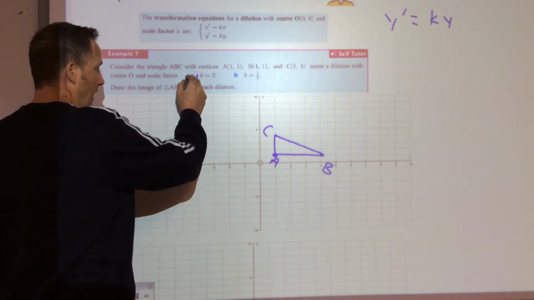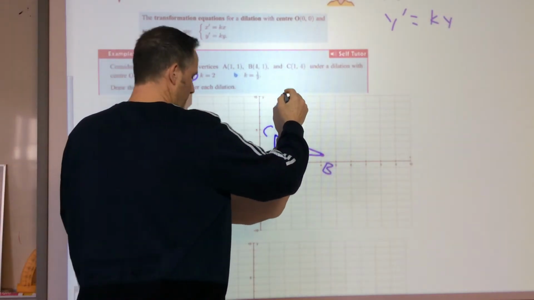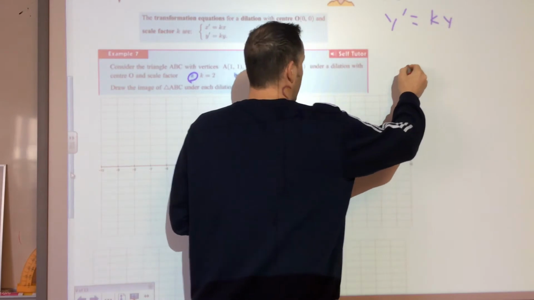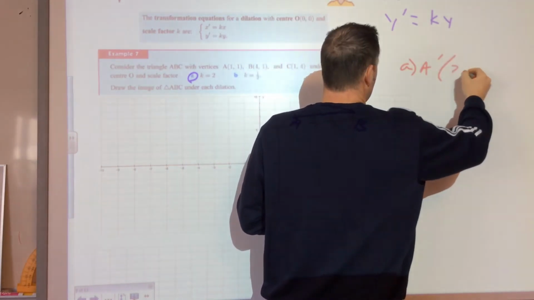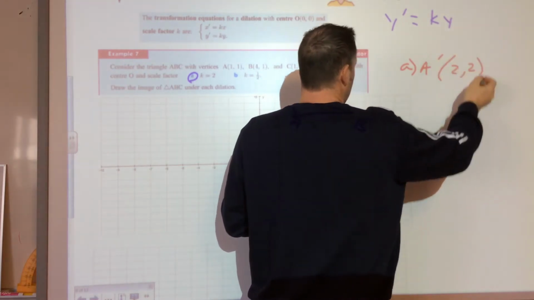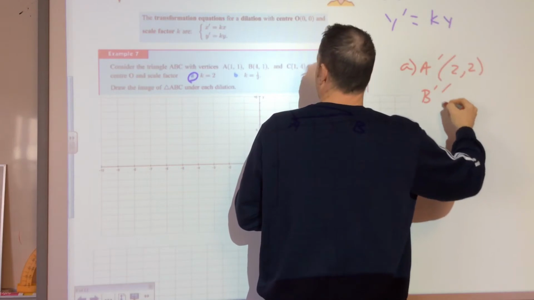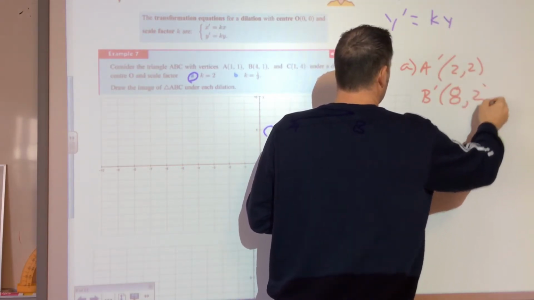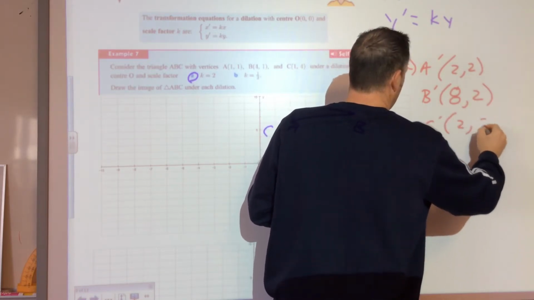Now we're going to do part A. So we're going to double those values. So now A, I'll call it A prime, is now going to be (2, 2). 2 times X, 2 times Y. B prime is going to be (8, 2). C prime, (2, 8).